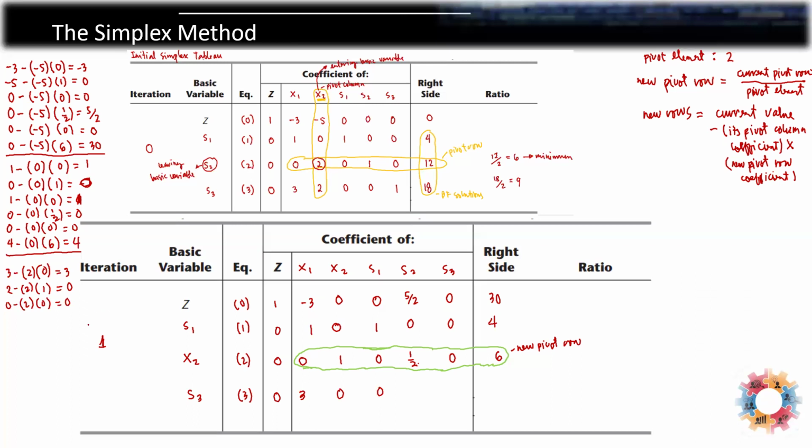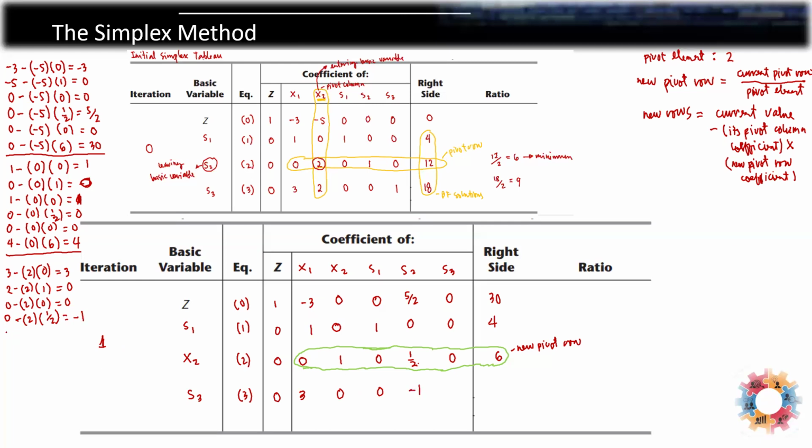And then another 0 there. This one, 0 minus 2 times the new pivot row coefficient, which is 1 half. That's 1 half, and that's equal to negative 1. So this is negative 1.